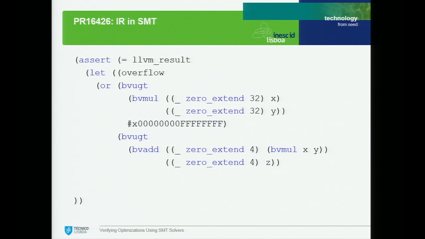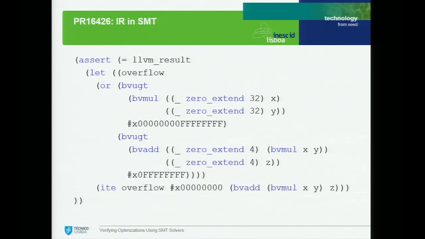Well, actually here I'm doing it in 36 so that I can use the hexadecimal notation, right? I'm lazy. So if any of the operations overflow, then the whole thing overflows. And then if it overflows, I return 0, otherwise I return the result of the operation, okay?